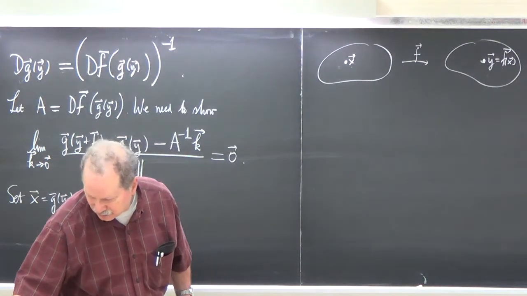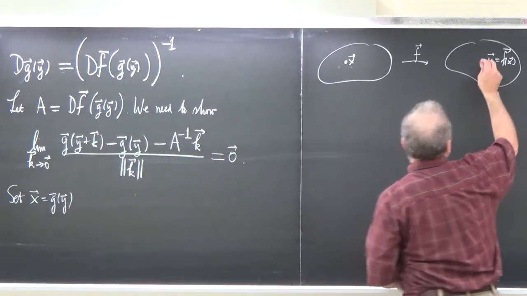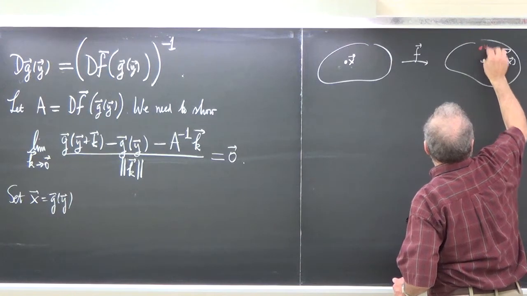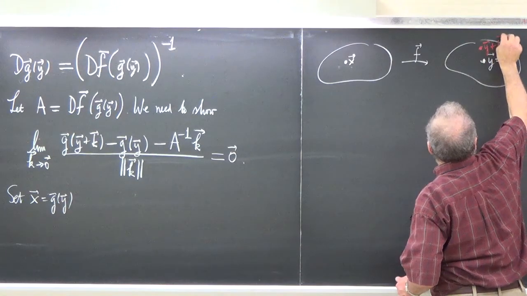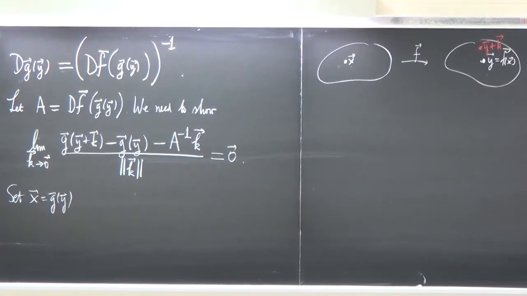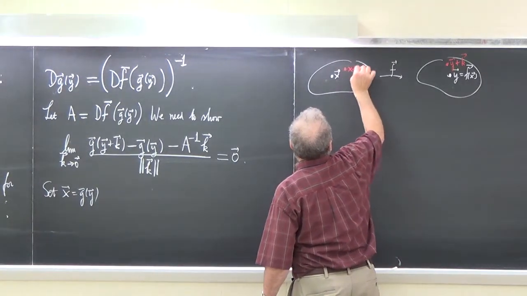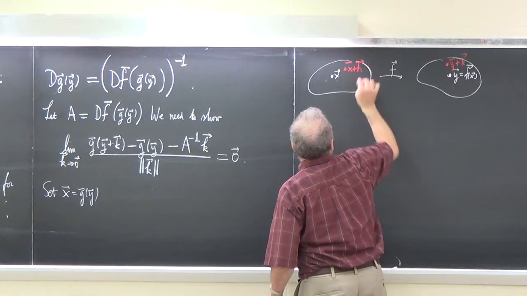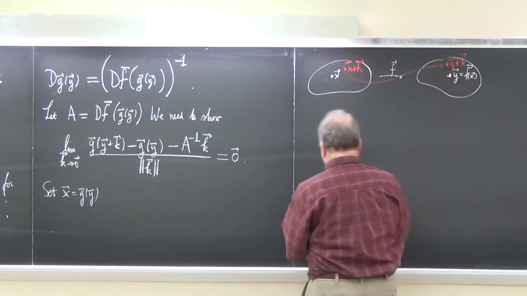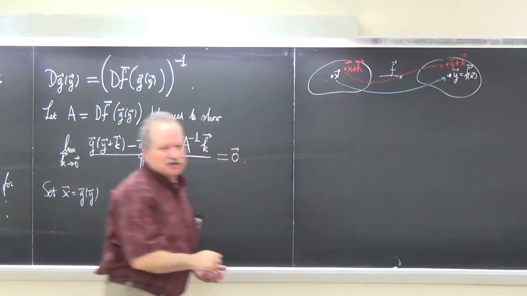And I might as well take y plus k here, and it maps back to something near x, so I'm going to call it x plus h. So x plus h is going to map to there, x is going to map to there, and so G is going to map them backwards.